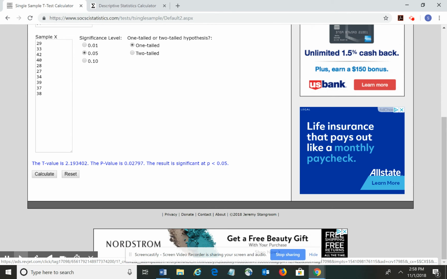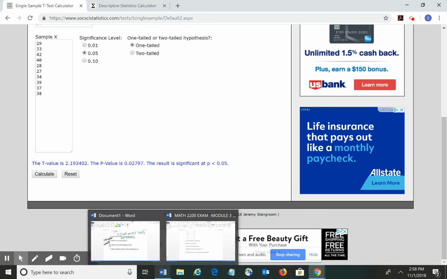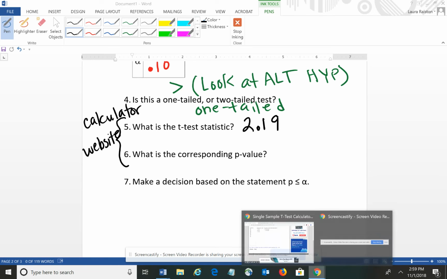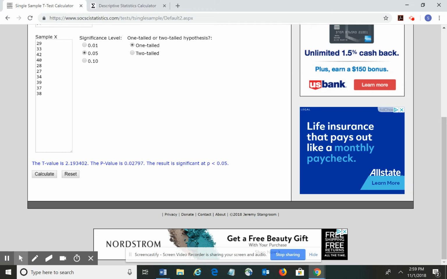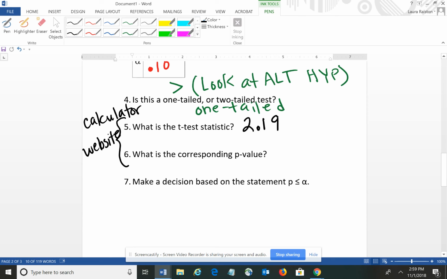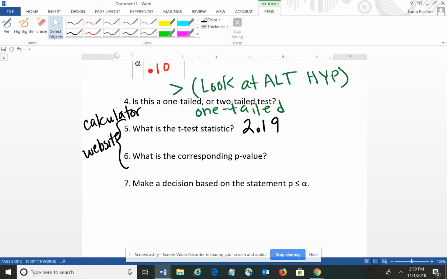And it gives us the t-value and the corresponding p-value. So my t-test statistic is 2.193402.